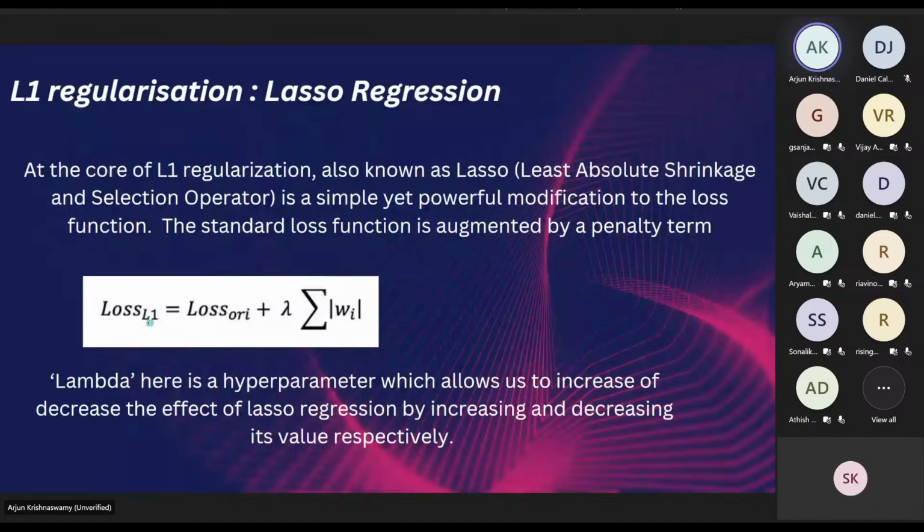But we don't want that. So what is the objective here? It not only reduces this original loss, it also tries to reduce the magnitude of these weights. Suppose you have a function y equal to 3 plus 2x plus x square plus x cube. So the 3, 2, 1 and 1 are the weights.